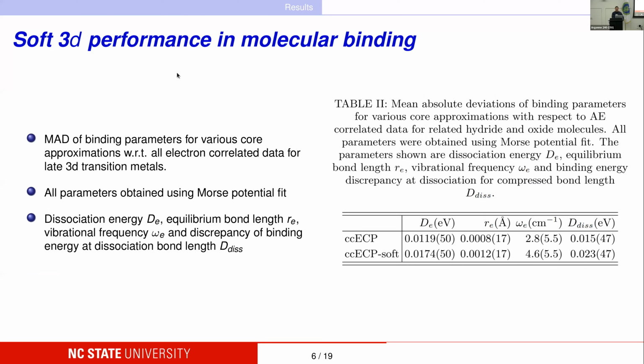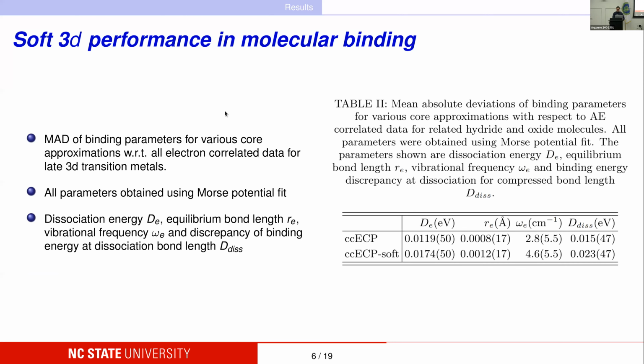Here are the parameters that we pulled out from the molecular binding curves. These are averaged across all of the transition metals that we devised these new softened CCECPs for. All of these are mean absolute deviations, again, discrepancies, so the closer to zero, the better.